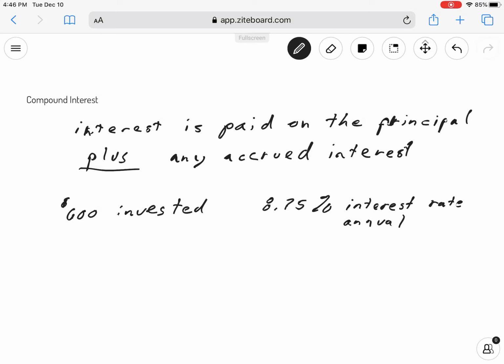All right, for the year. And then it's compounded for 2 years. Okay, so let's find the first year.